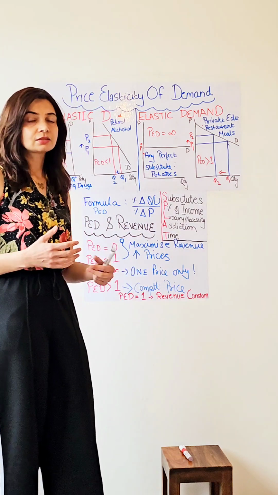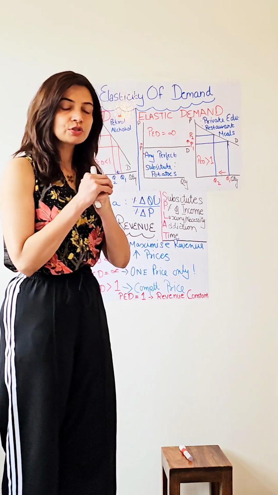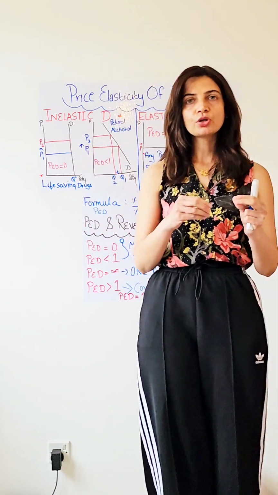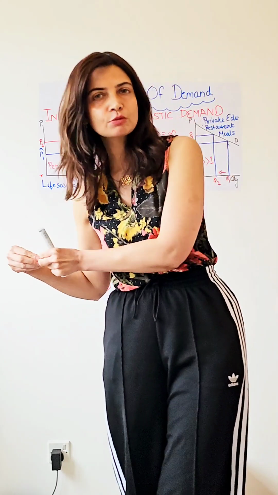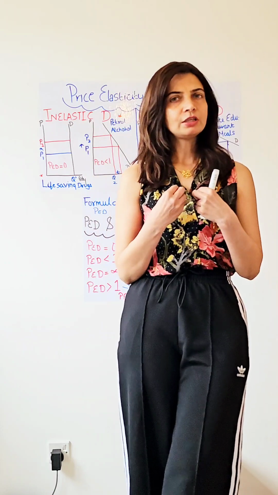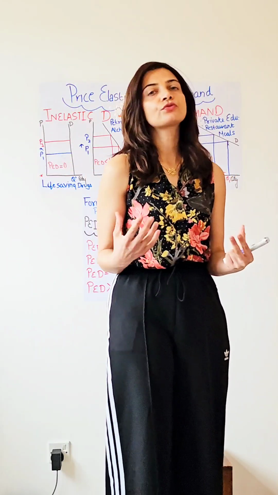Last but not the least, we also want to bring in the concept of time period. Are we talking about short run or are we talking about long run? So keep it easy for yourself. Remember, short run equals inelastic demand, long run equals elastic demand. Why? We believe in long run, we would have enough time, we will have enough options to choose from.